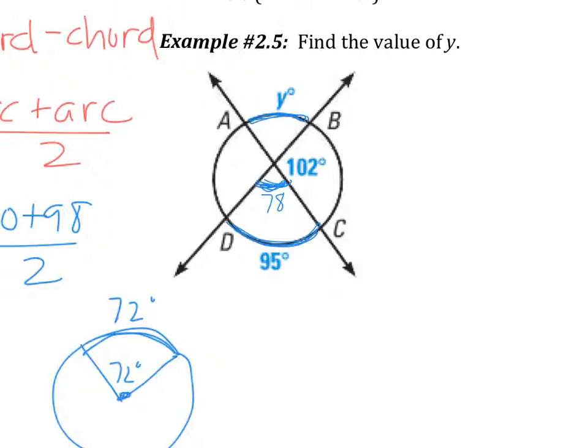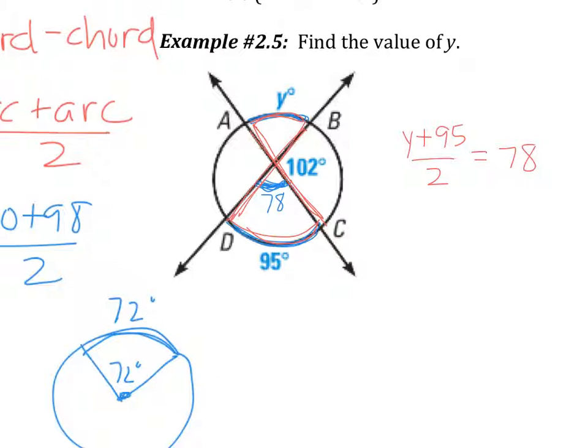So I'm going to do y plus 95 divided by 2 is equal to 78, because this is the angle in between the two arcs and in between the two chords. So there's my little bow tie. How do I solve for y?